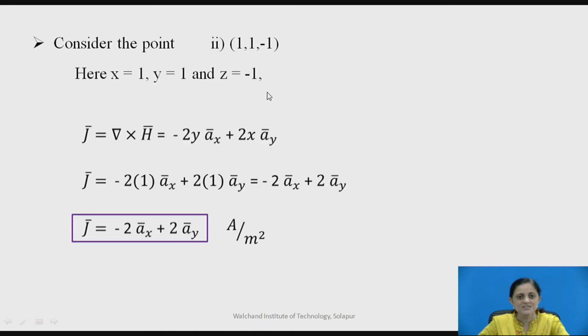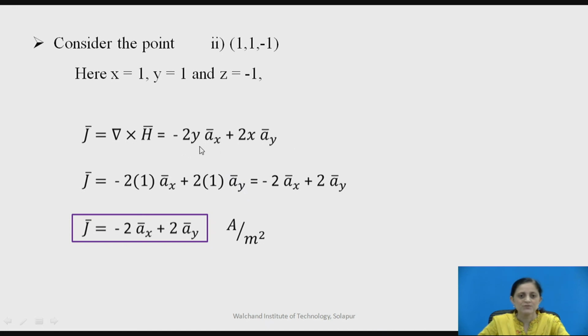Now let us consider the second point, that is 1, 1, minus 1. So from this point x is equal to 1, y equal to 1 and z is equal to minus 1. Similar to the above equation, you can put the values of x, y, z in the equation of the j bar. J bar is equal to del cross h bar is equal to minus 2y a bar x plus 2x a bar y.